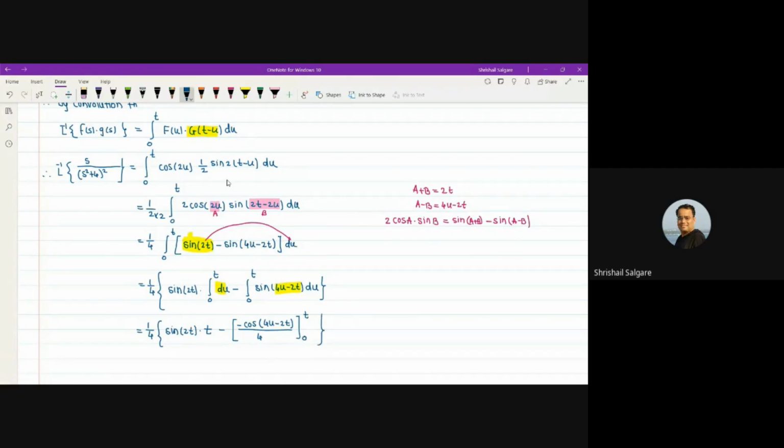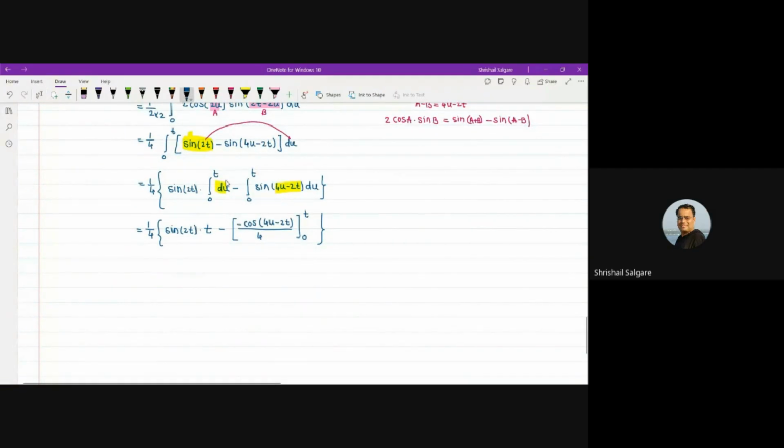Now further, this 1 by 4 outside, and first term is t into sine of 2t. Now this term, 1 by 4, why am I writing plus? This is minus, and this constant is taken outside.